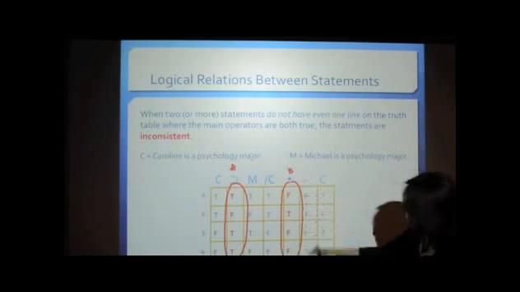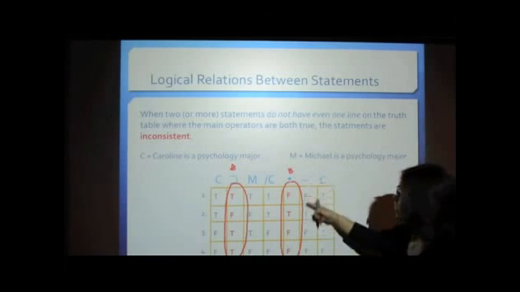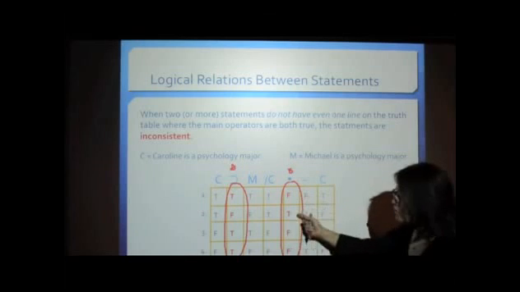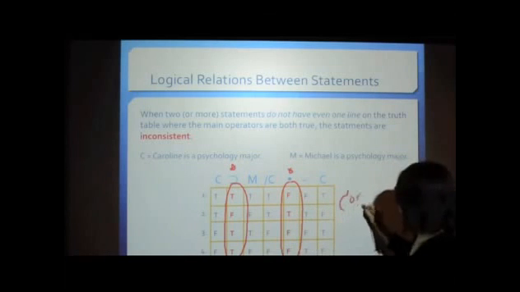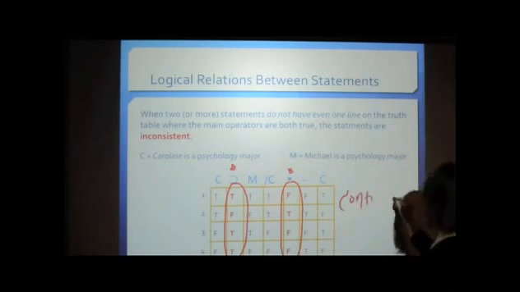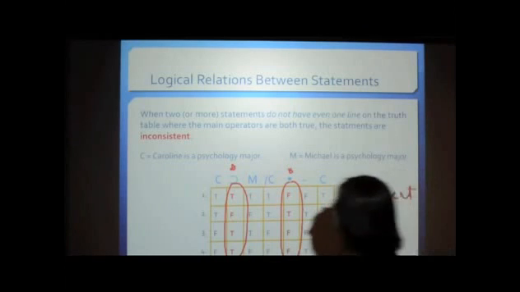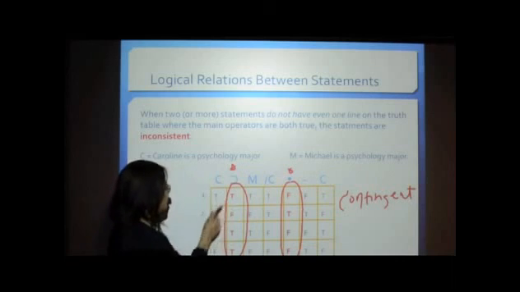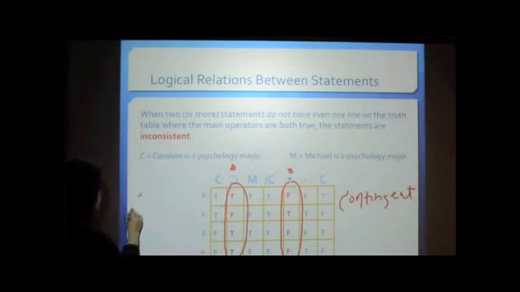When we look at the possible truth values here, we notice that this statement can possibly be false as well as true. So this is a contingent statement. And if you look at this statement over here, it can also be true as well as false. So this is also a contingent statement.